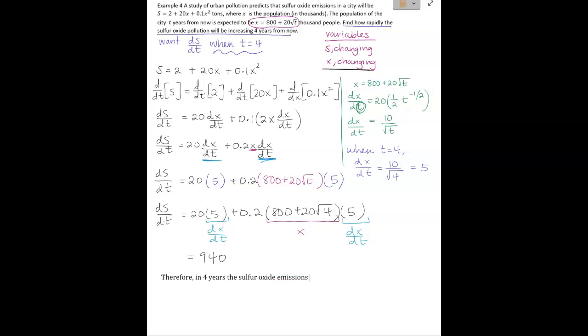They will be increasing or decreasing, depending on if the derivative is positive or negative. 940 is a positive number, so they will be increasing at the rate of 940. Let's think about what unit we want to use. This is ds dt. S is measured in tons, and t is measured in years. So that is 940 tons per year.